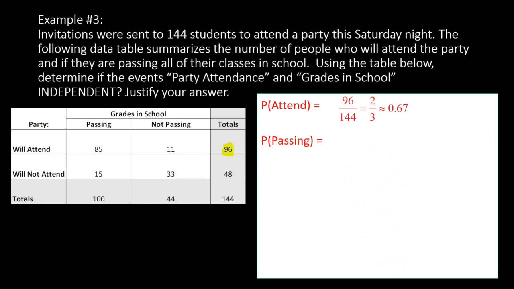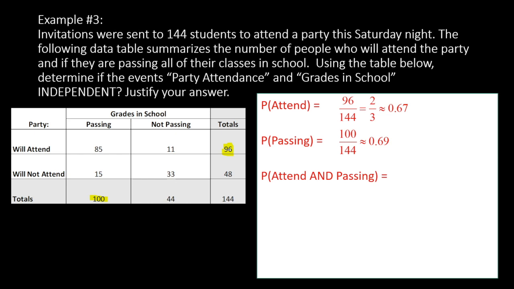And then the probability of B, we'll say that's the probability of passing. We're going to look at the totals there. So 100 out of 144, which is about 0.69.